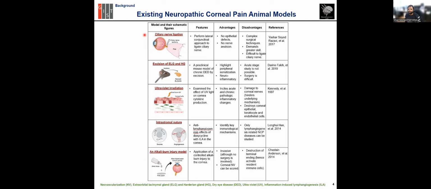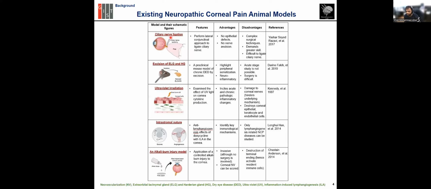The final background is about the existing neuropathic corneal pain animal models. While I am developing a novel neuropathic corneal pain model, I went through all the existing and most accepted models. Some are surgical models, some are laser models, and some are chemical models.